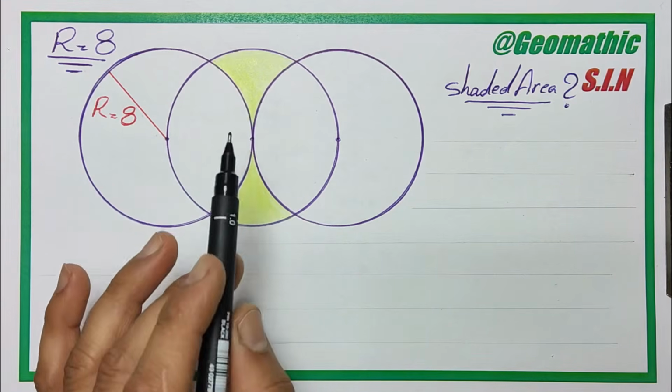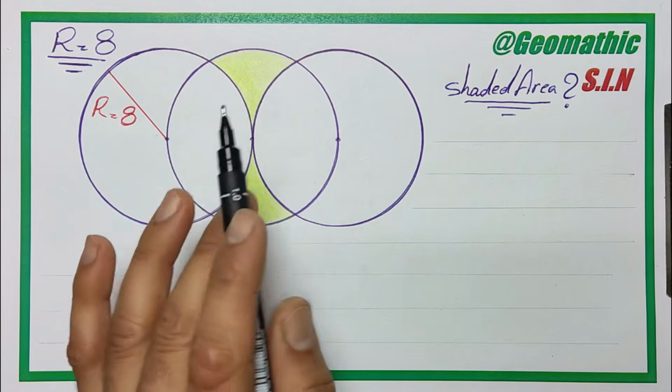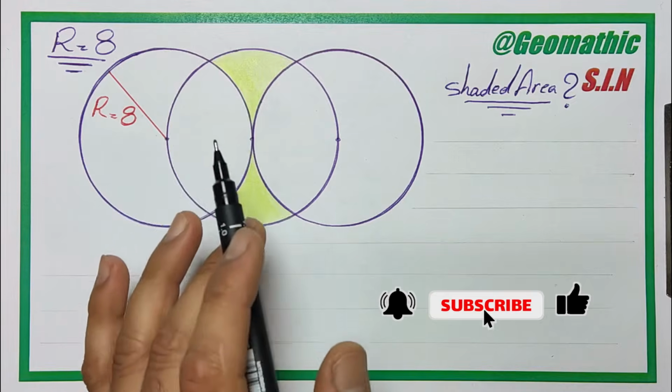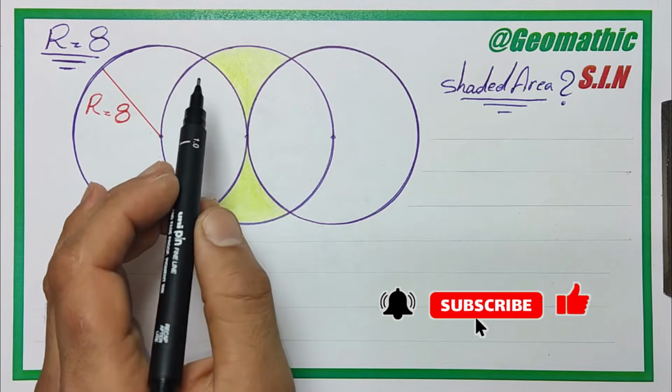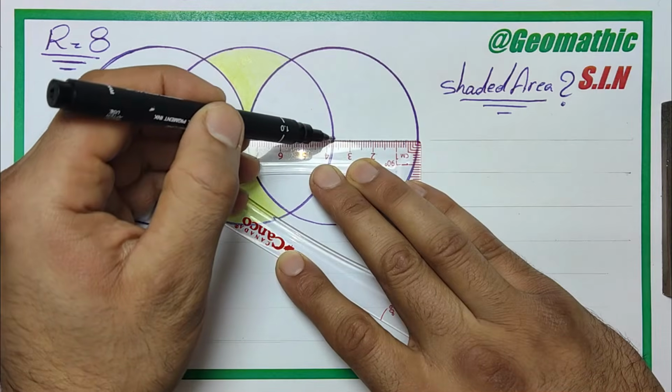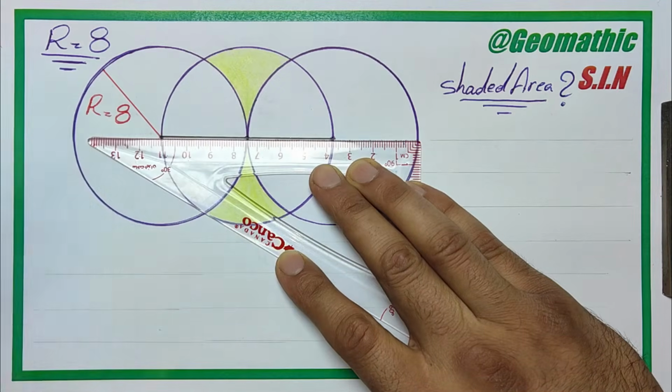Well, as you can see, finding the area of the shaded region is not easy by itself. So we need to use some other geometry shapes. To start, I connect the centers of the three circles with a straight line. Like this.